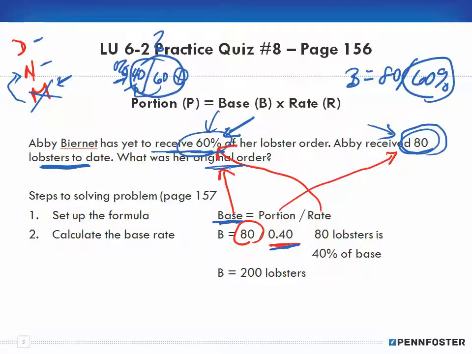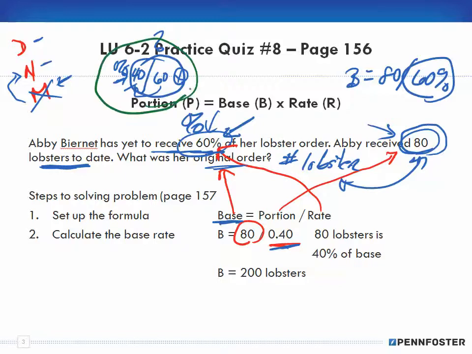And it's asking you what was the original order, the number of lobsters. So you're looking at two whole numbers and a percent. It's not intuitive, right? Whereas if I'm looking at this right here, let me change colors here.